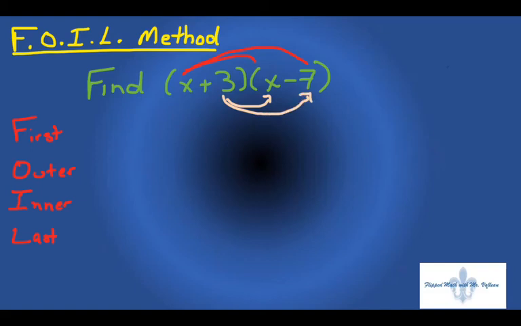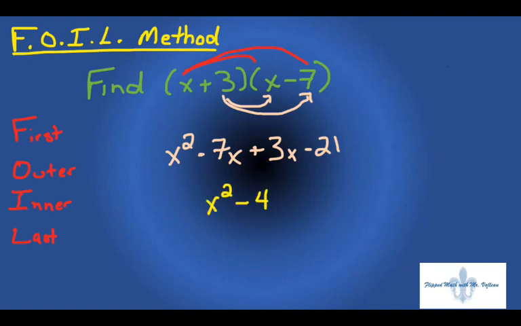When we multiply those, we have x times x, which is x squared. We have x times negative 7, which results in negative 7x. Then the inner terms, 3 times x, or plus 3x. And finally, 3 times negative 7, which leaves us with negative 21. When we combine like terms, we end up with x squared minus 4x minus 21.